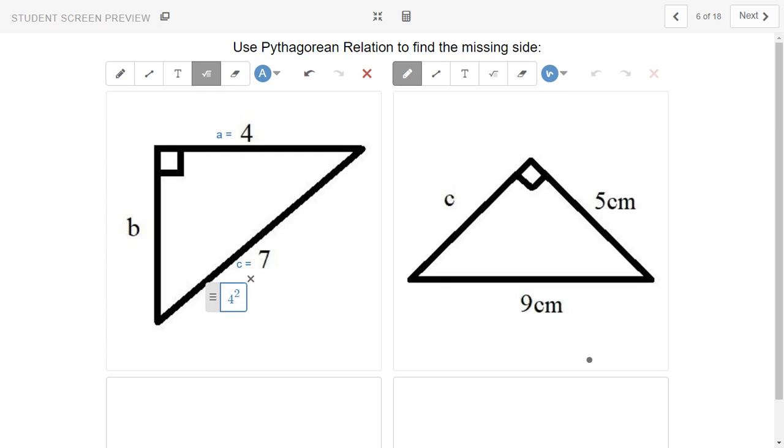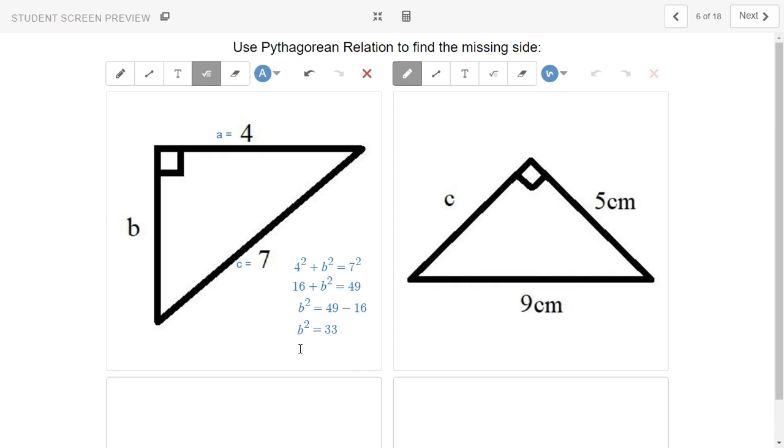So we do 4 squared plus b squared is equal to 7 squared. Let's continue to simplify. So I have 16 plus b squared is equal to 49. b squared is equal to 49 minus 16. And we have b squared is equal to 33.